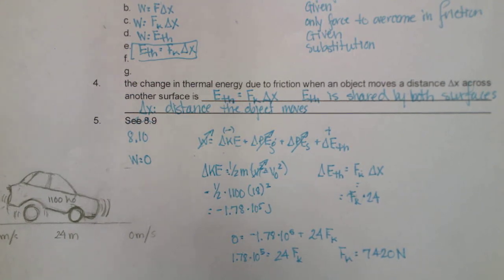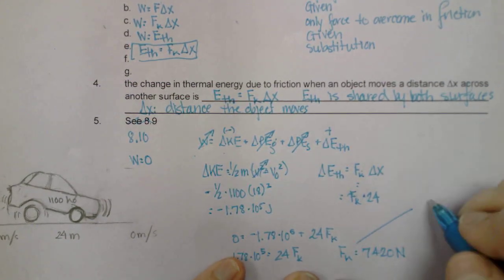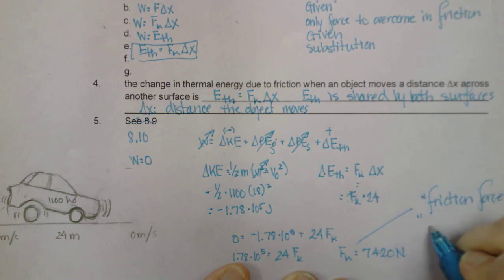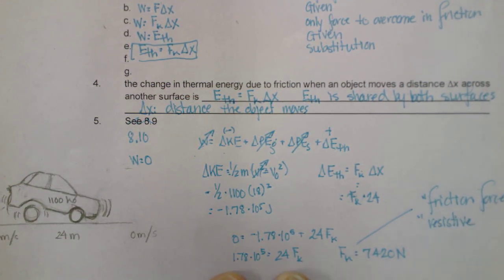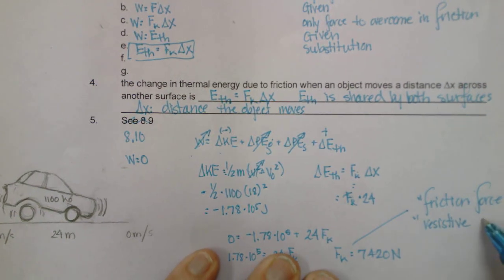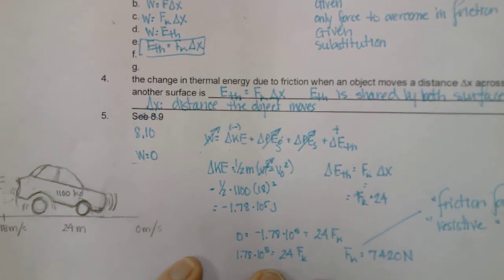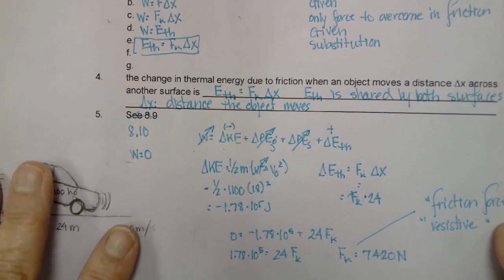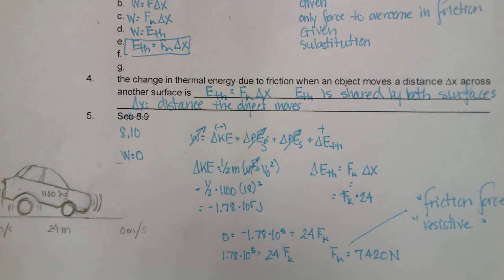Now, this is going to be called friction force. It can be called resistive force, because it is going to be a force that is resisting motion or hindering motion. In my car, it's what stopped the car.